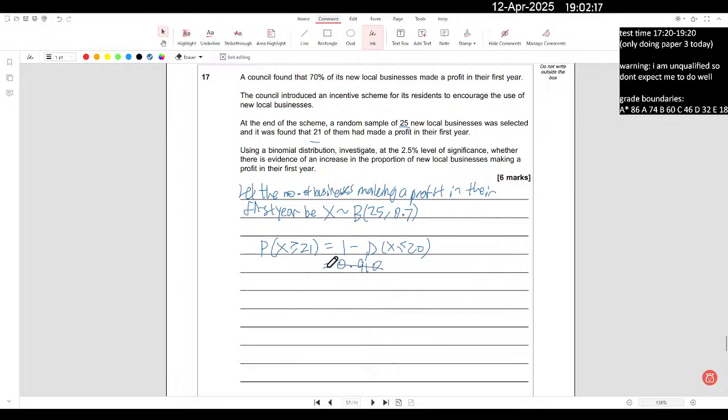Oh no, 1 minus 0.9910... which is 0.0905. Okay, if we add more significant figures, this is too messy. 0.9095 to 0.0905.